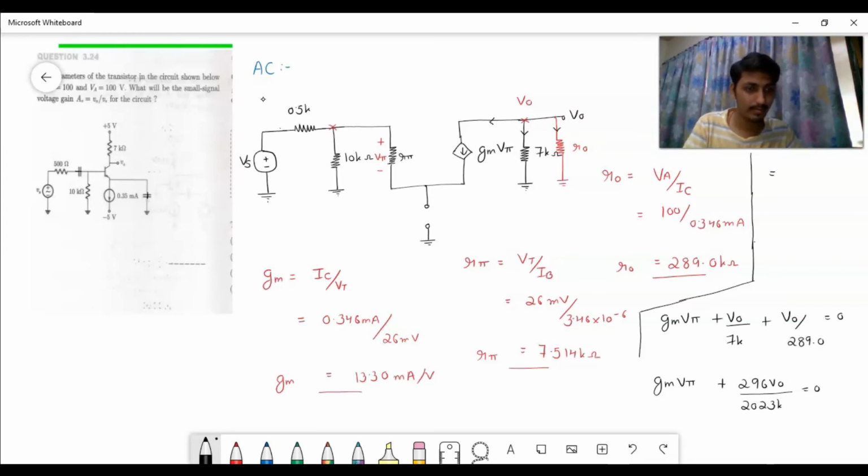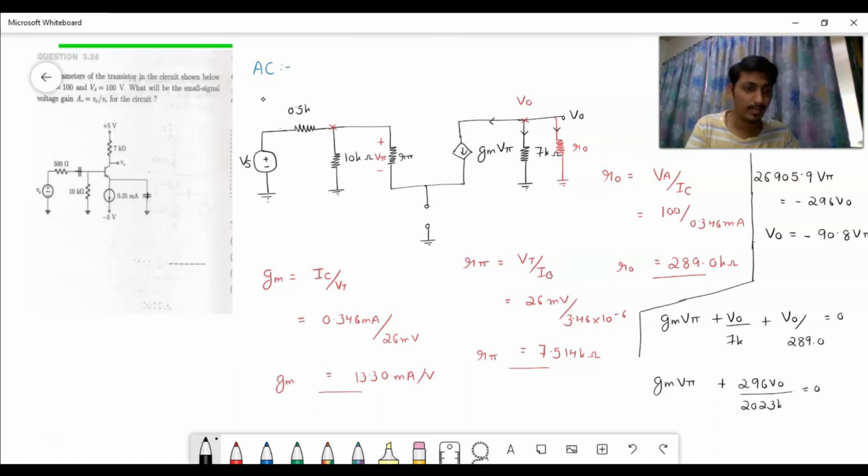V pi equals minus of 296 V0. So V pi equals, if we divide with 296, minus 90.8 V pi.